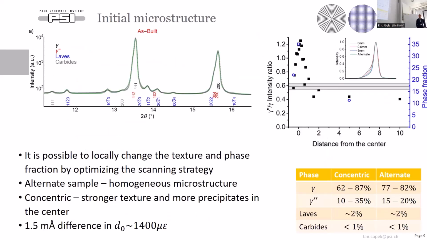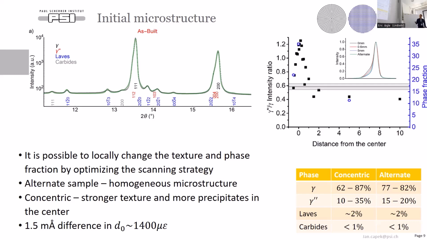Looking at the initial microstructure from the X-ray diffraction, we can observe the gamma peaks with a quite significant shoulder on the right side. That shoulder is coming from the gamma double prime. We can also observe the Laves phase here.